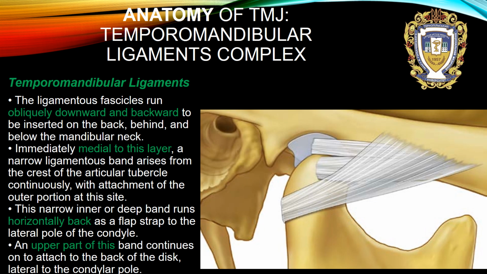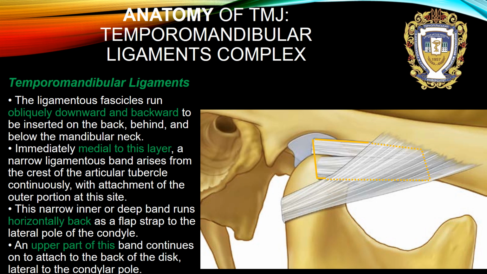Temporomandibular ligaments. The ligamentous fascicles run obliquely downward and backward to be inserted behind and below the mandibular neck. Immediately medial to this layer, a narrow ligamentous band arises from the crest of the articular tubercle, continuous with the attachment of the outer portion.